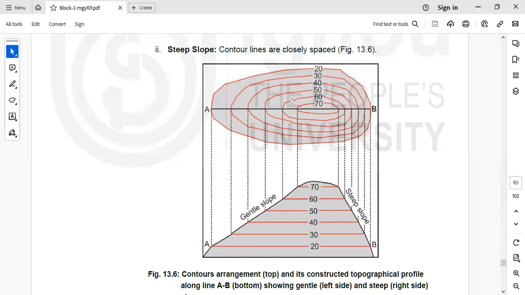And on the left side, the distance of the contour is quite wide. So on the ground, it represents the gentle slope. So this figure clearly shows what type of arrangement of the contour indicates what types of the slope.